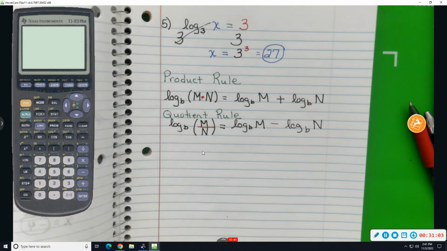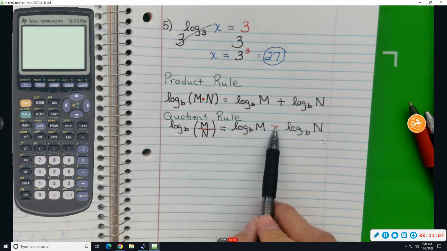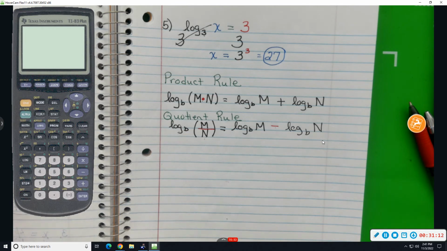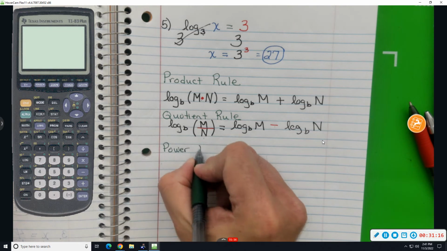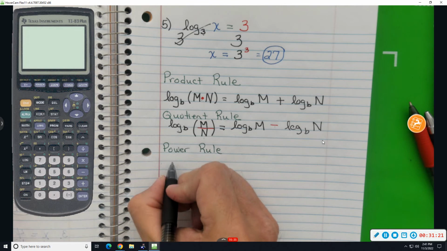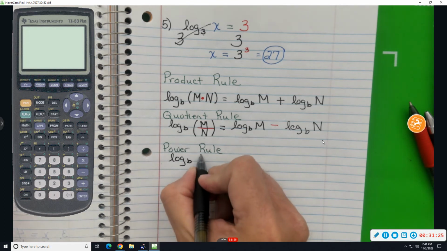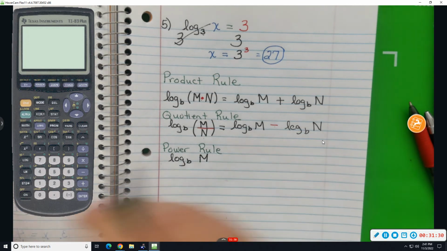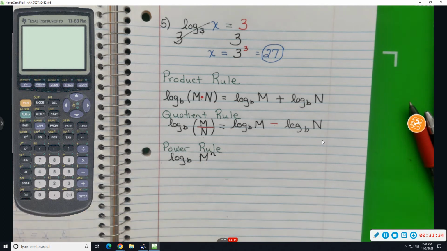Okay, go back. So the quotient rule says the log of a quotient is the difference of two logarithms. And finally, one more rule, the power rule. Log base b of m raised, I'm going to use a lowercase n on this, raised to the nth power.